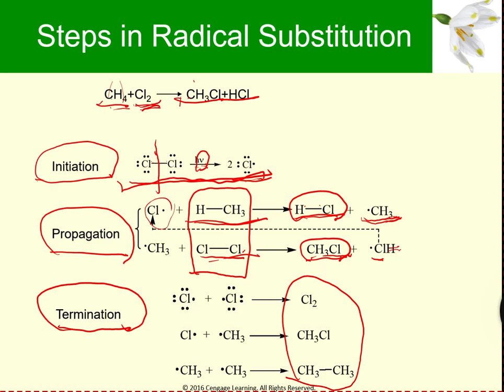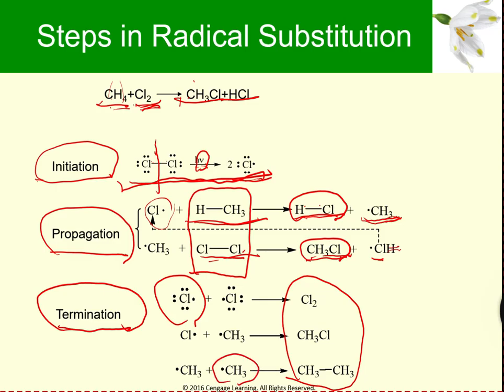Once you have consumed all the reactants, what remains in your reaction vessel will be radicals, and we can imagine two different kinds of radicals: chlorine radicals and CH3 radicals.